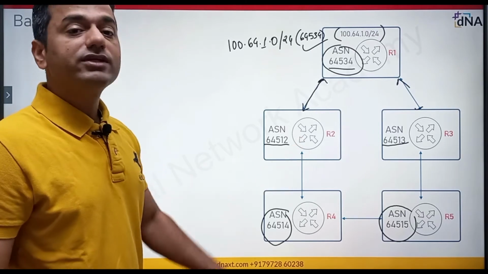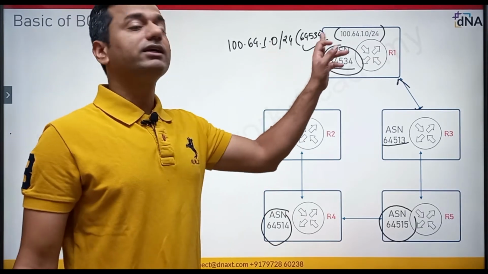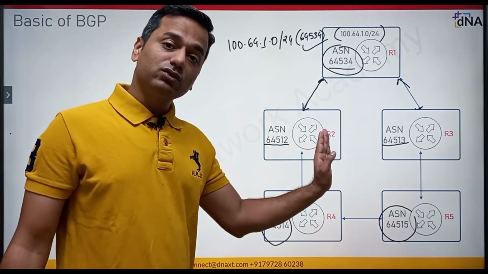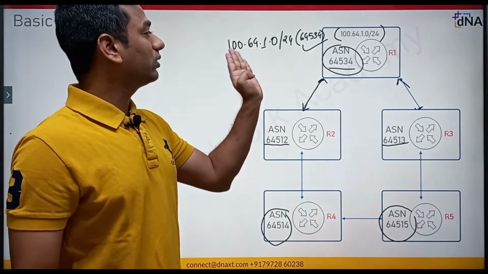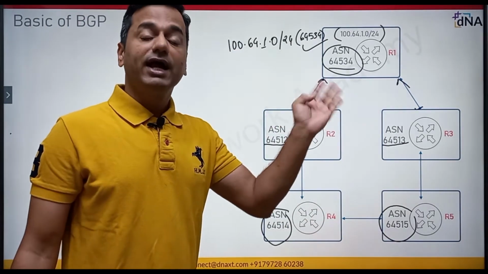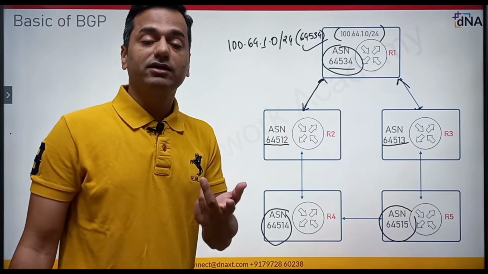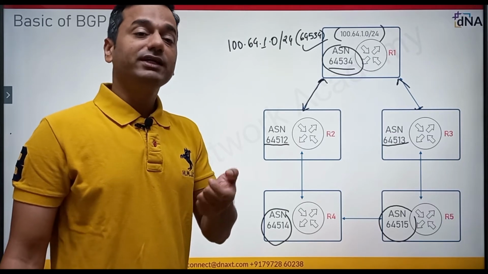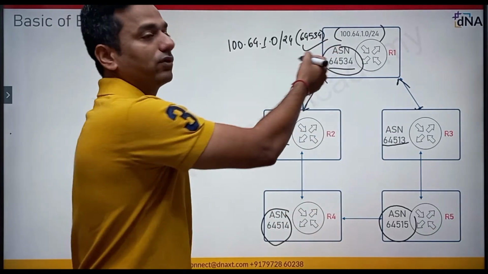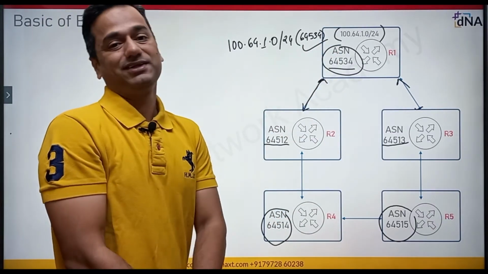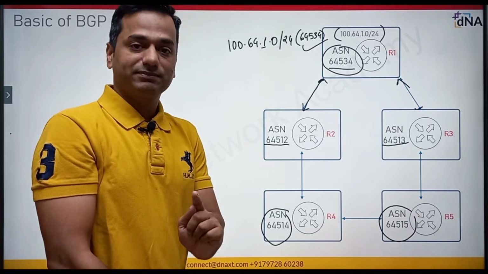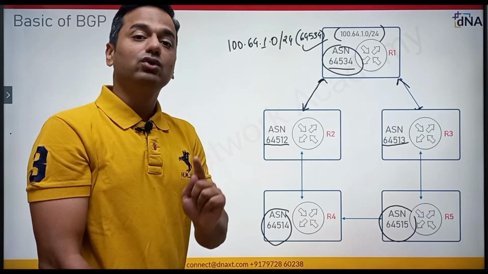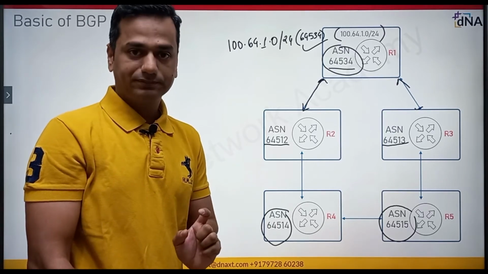When R2 receives the route with the AS number, R2 knows how to reach 100.64.1.0 and where it is. Okay, it is in AS 64534. Because of the AS path, your other ASNs know the location of your route.